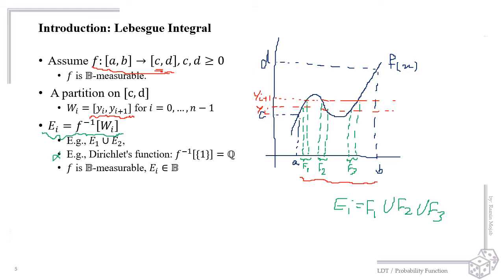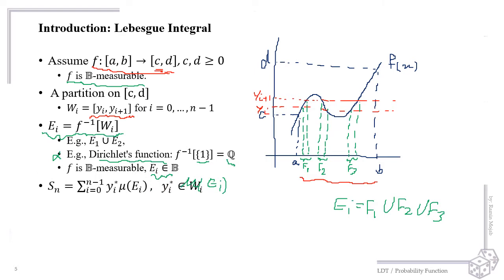Or as another example, if we have Dirichlet's function, the preimage of this partition or this set under f is the set of rational numbers. And also, since f is Borel measurable, we have this assumption here. ei is a member of the Borel sigma algebra, which means that the Lebesgue measure of ei is defined.